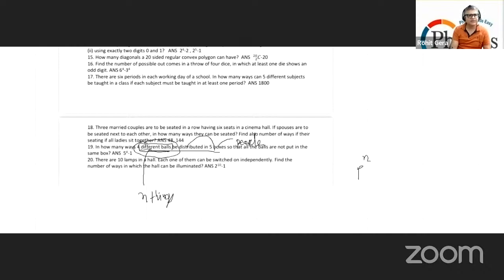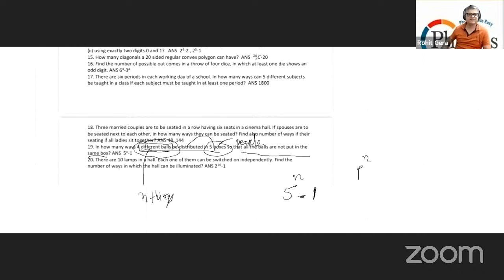So our answer should be p, which is the number of people, so 5, raised to the power of things. That should be the answer. But there is also a minus 1 here, right? So that all the balls are not put in the same box. In our rule, any number of things can be given to any person. So there is one situation which needs to be removed, where one box gets all the balls.